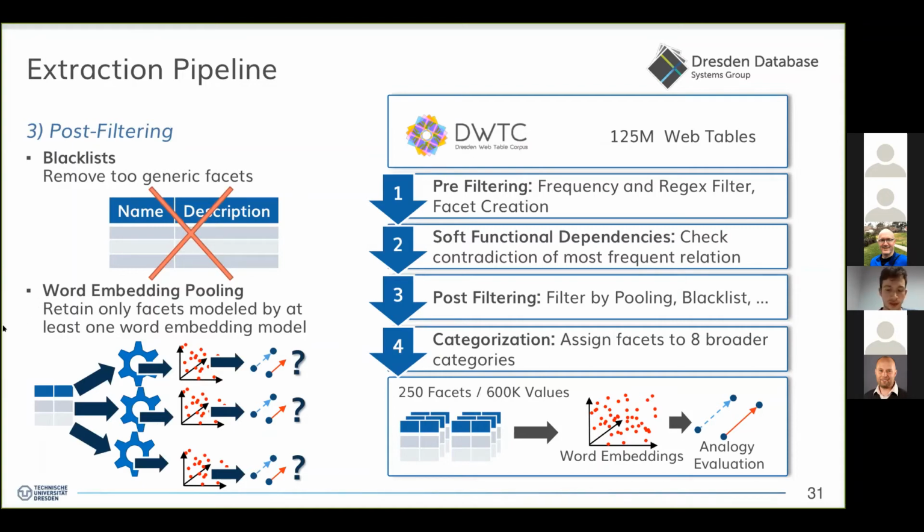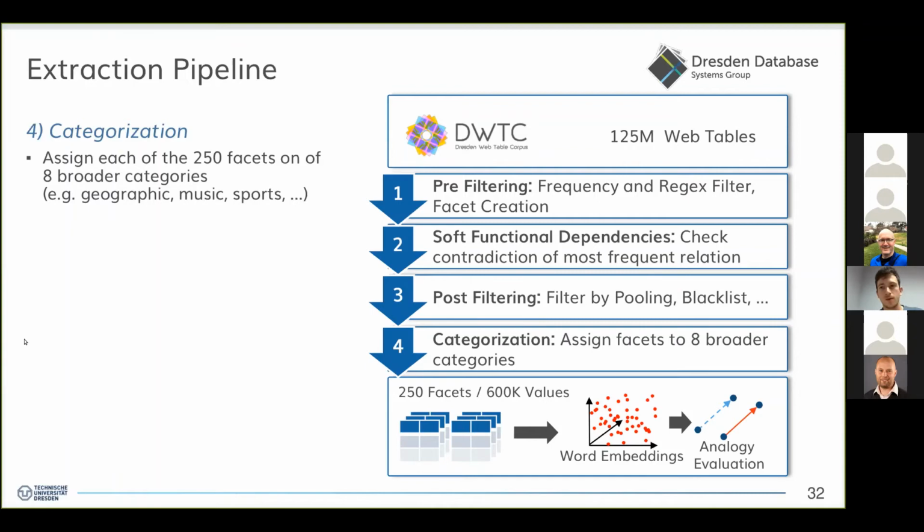This means we take for each facet some samples and evaluate them on a set of very common large word embedding models. And only if at least one word embedding model has a significant accuracy on this data set, then the facet is retained, otherwise it's thrown away.